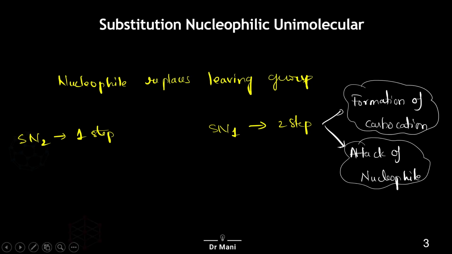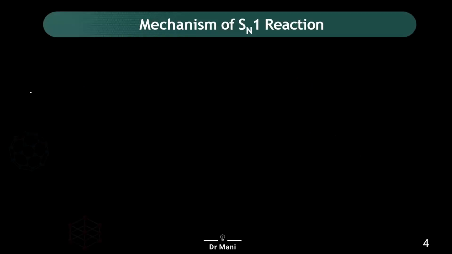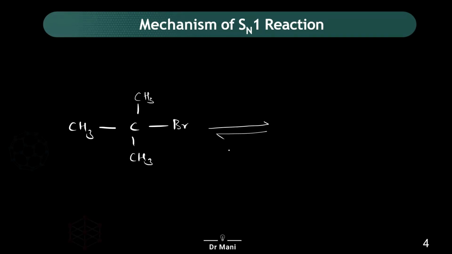So you can see the first step, formation of the carbocation. Suppose we take (CH3)3CBr in the presence of water. This turns out to be (CH3)3C positive plus Br minus.